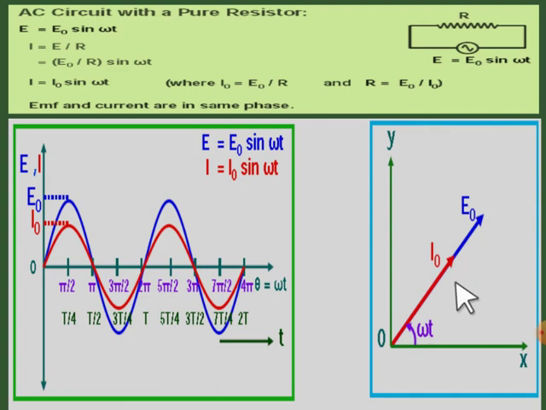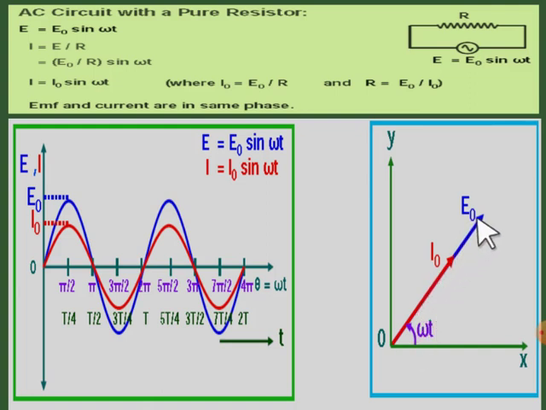If they are drawn on the plane of the x-axis and y-axis, making an angle omega t with the horizontal axis like this, then this diagram is called a phasor diagram. And we need to see from this phasor diagram whether there is any difference in angle between the peak EMF and peak current, these two rotating vectors.